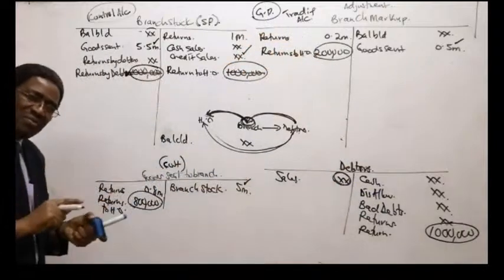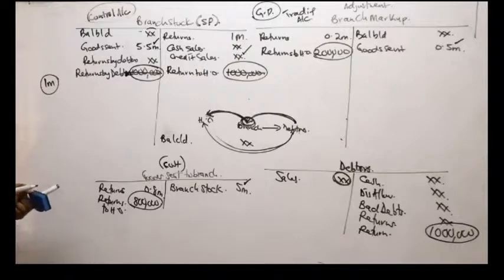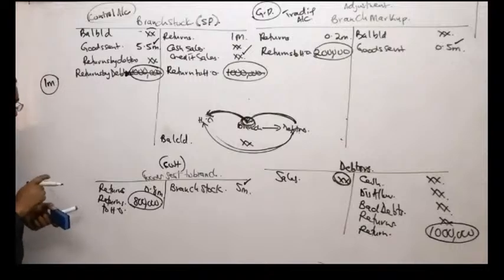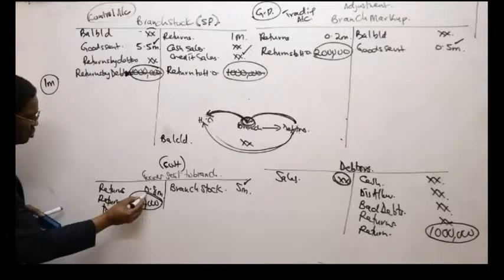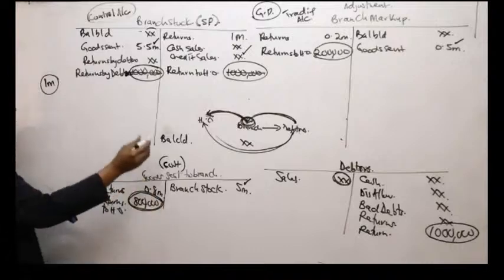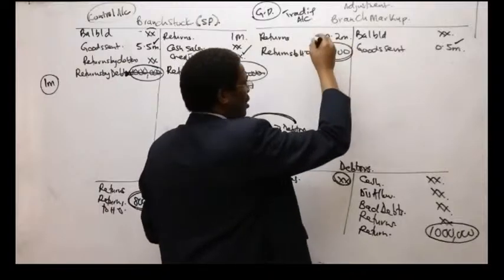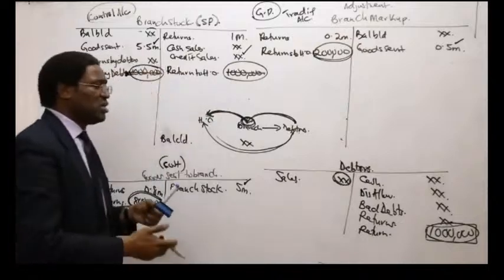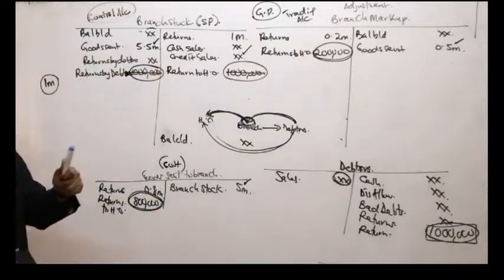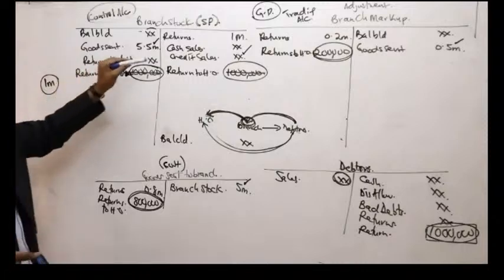So in summary, if we use one way of recording, in case a data returns goods to the head office, the one way of recording it is to debit goods sent to branch at cost price, debit branch markup with the profit loading, and credit data with the selling price. That's how you record the transaction once, instead of going through the branch stock account.